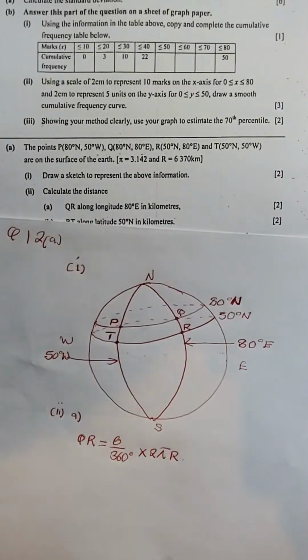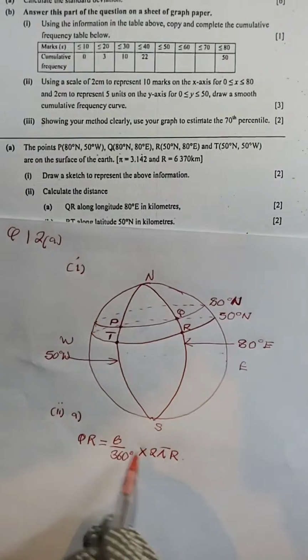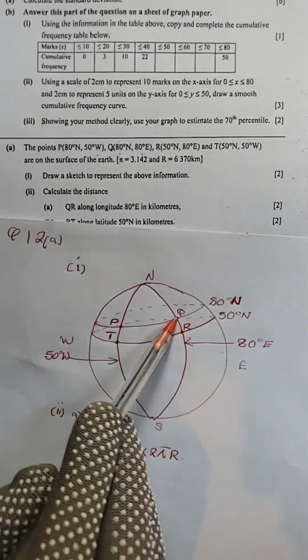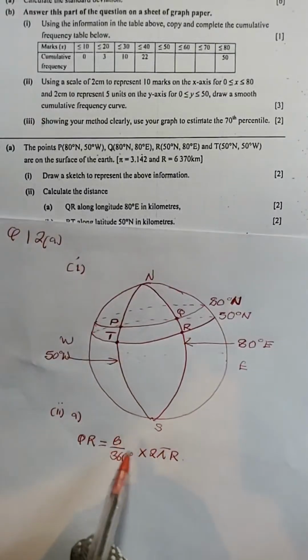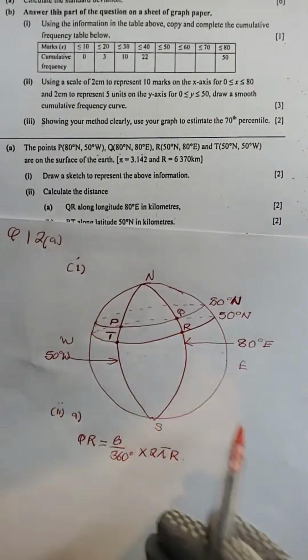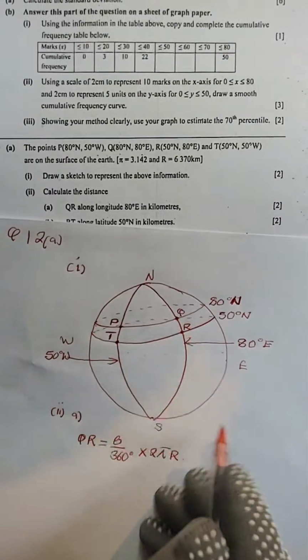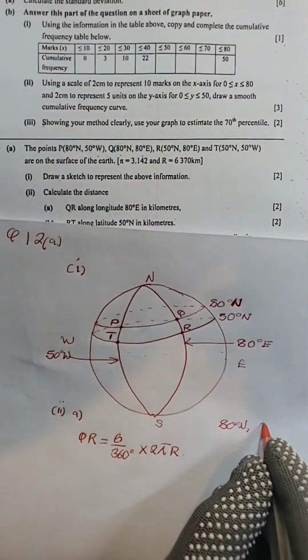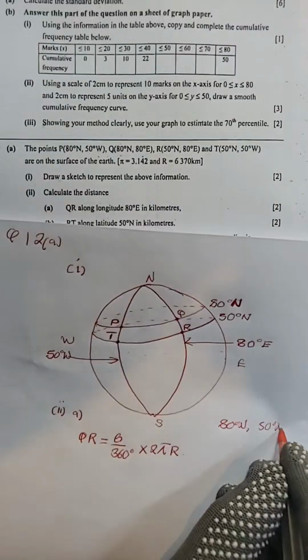Now what is the value of this theta? Check. This is the distance along longitude. Then theta is the difference in latitude between Q and R. So Q is on latitude 80 degrees north, then R is on 50 degrees north.